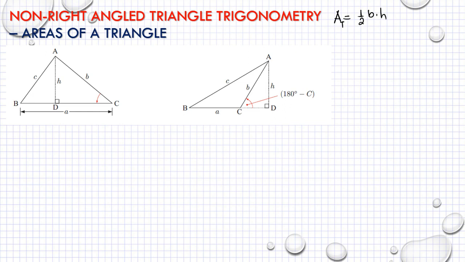But what happens if we don't know the height, but we know one angle of the triangle?